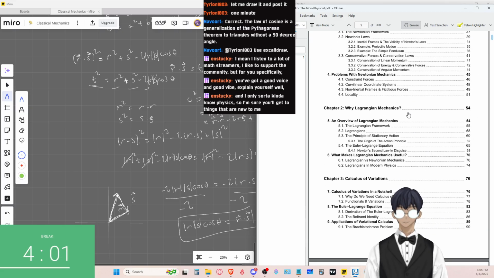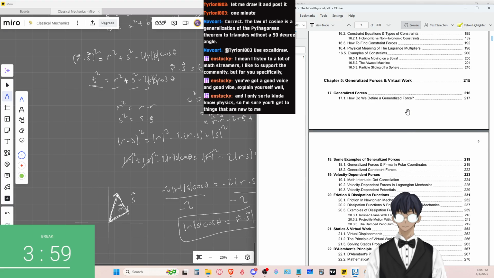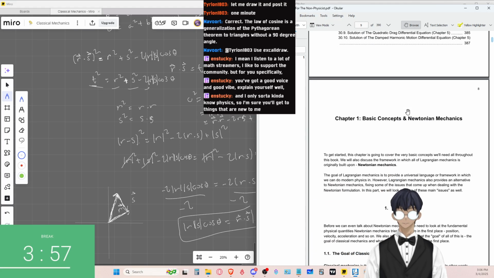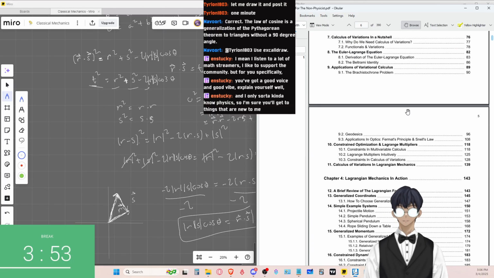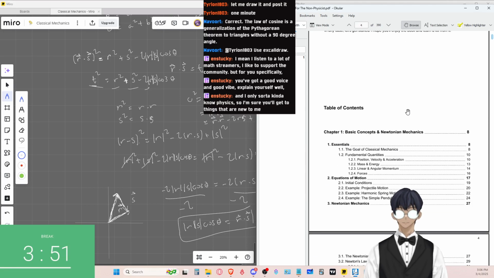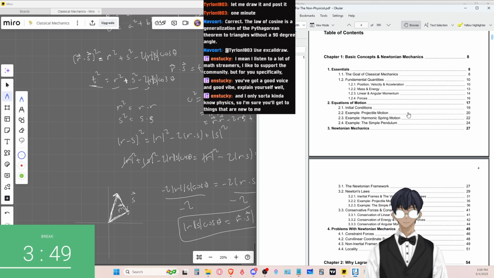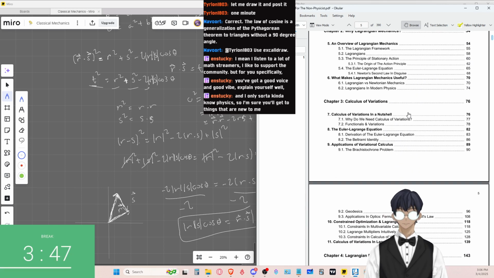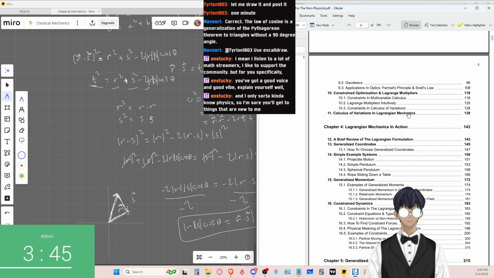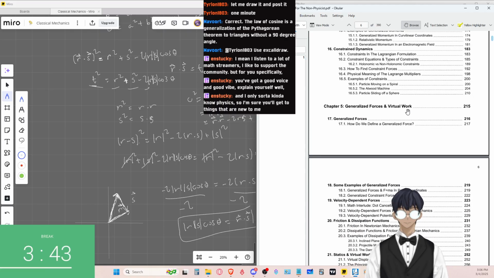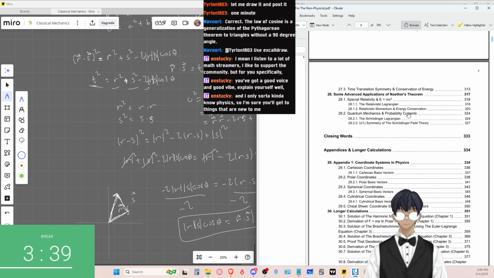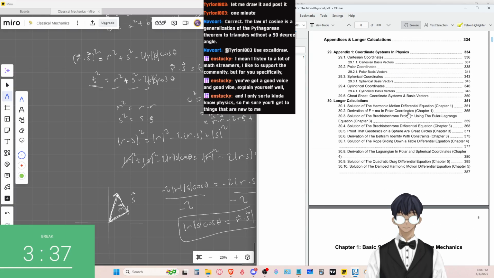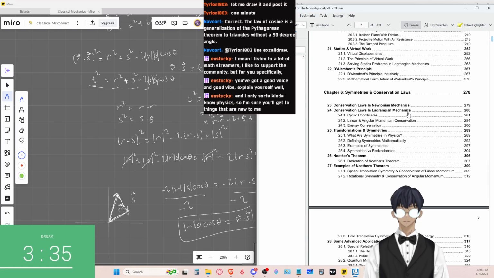It doesn't have problems in it, but it does explain a lot of the math behind classical mechanics, at a level for people that want to get into theoretical physics. What I like about this book is that it goes all the way up from Lagrangian mechanics to Noether's theorem, which is right here.